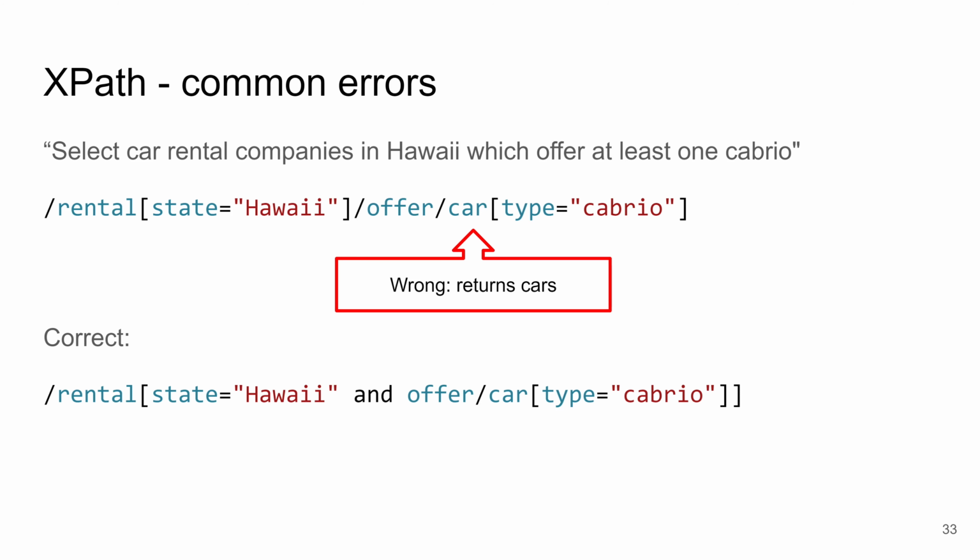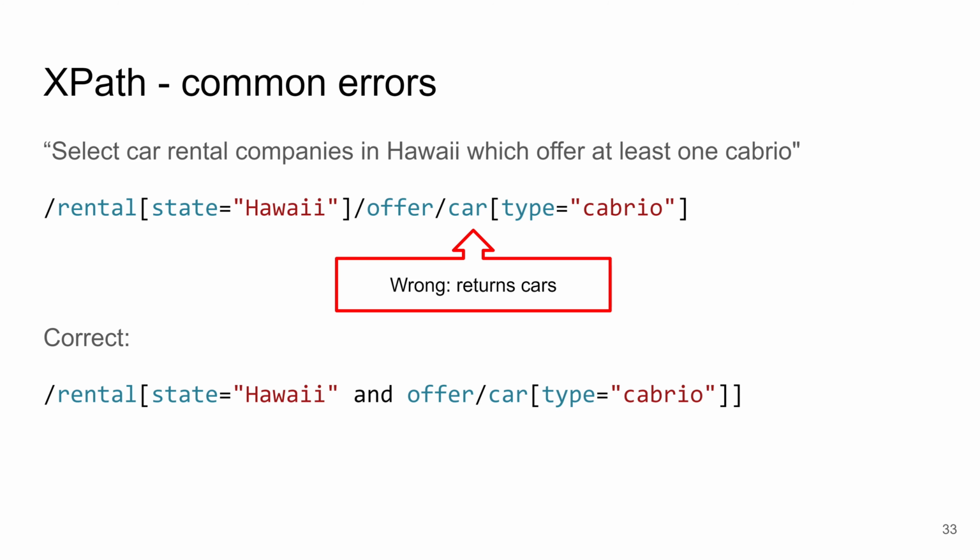We'll go to their offers and we'll go to their cars and we'll filter those cars to the type cabrio. So this actually does not answer the query, because when we read the query, we find out that this query returns the car elements, but we weren't asking for cars. We were asking for the rental companies which offer those cars.